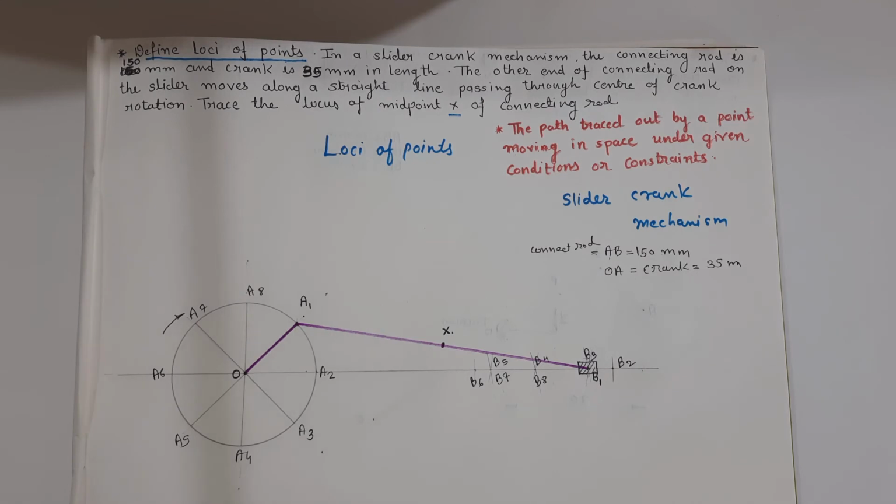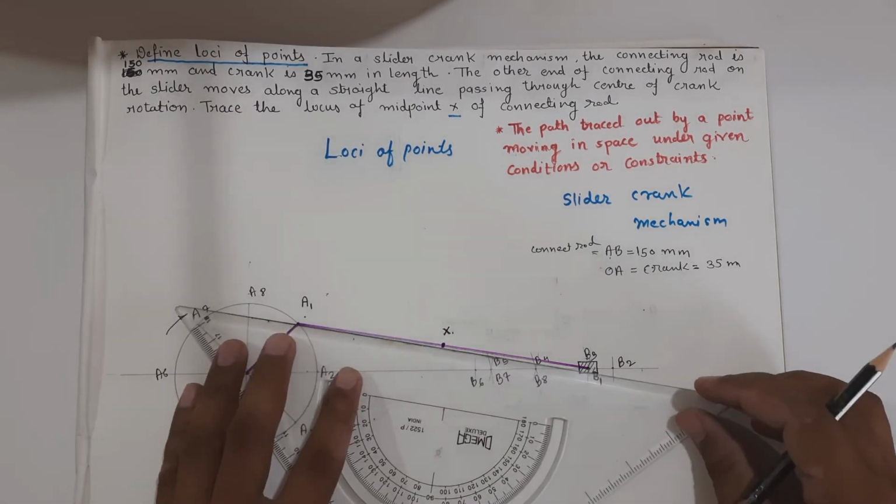Now connect B1, B2, B3, B4, B5 to A1, A2, A3, A4, A5. So this is A1.